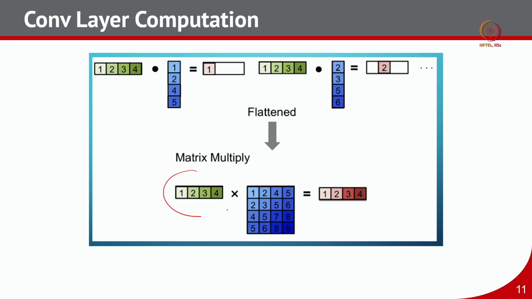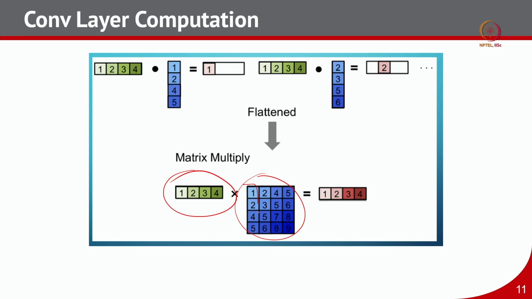So, the first vector is nothing but the flattened version of the kernel, the filter, and then the matrix is nothing but the flattened version of the input feature map. Each column represents the flattened version of one patch of the input feature map.